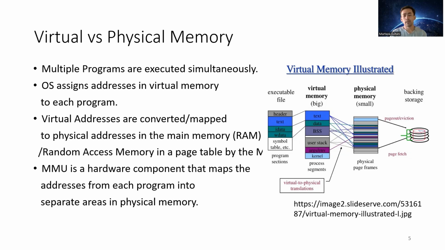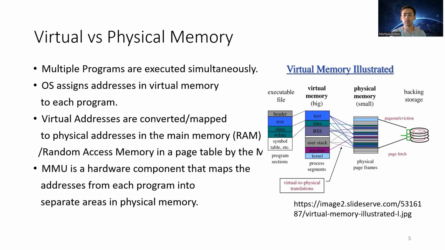There is a mapping process where the addresses from the virtual memory are converted to the physical address by the memory management unit. And the memory management unit is a hardware component of the computer, which maps the addresses from each program to separate areas in the memory.